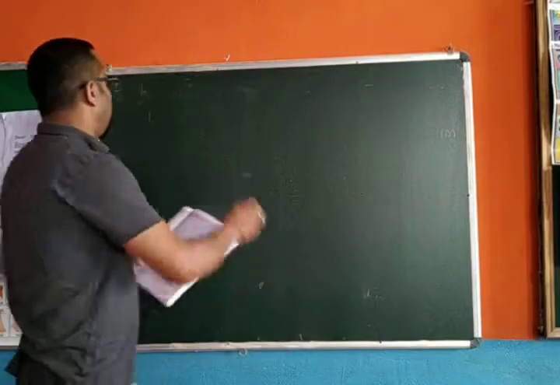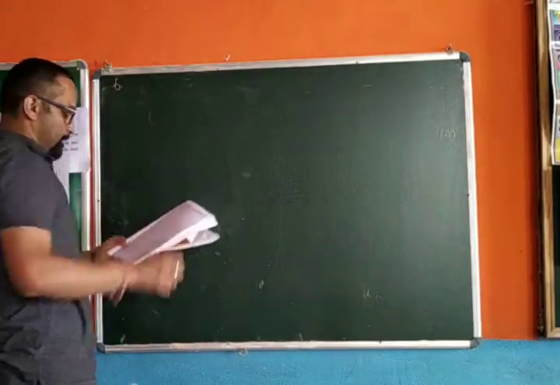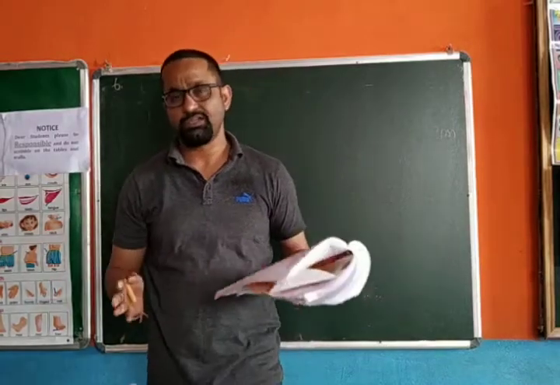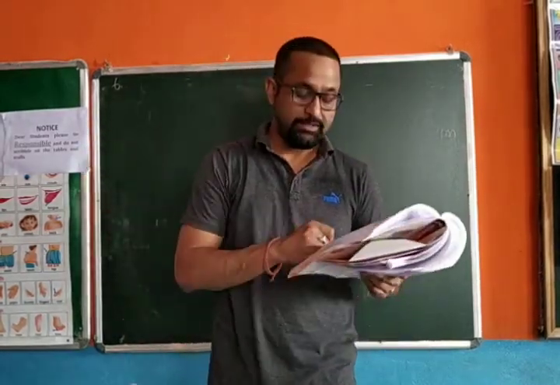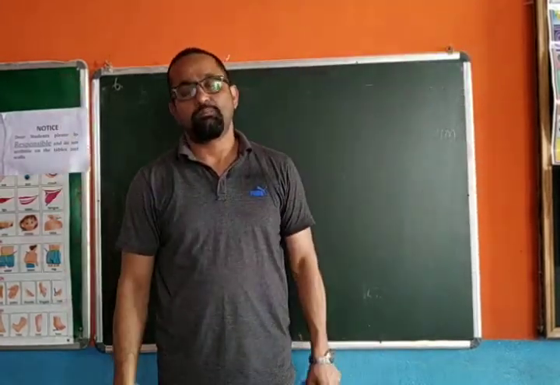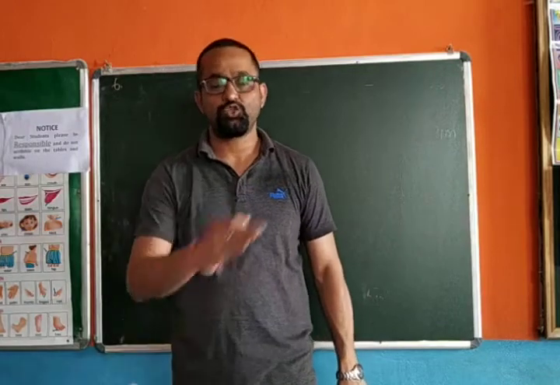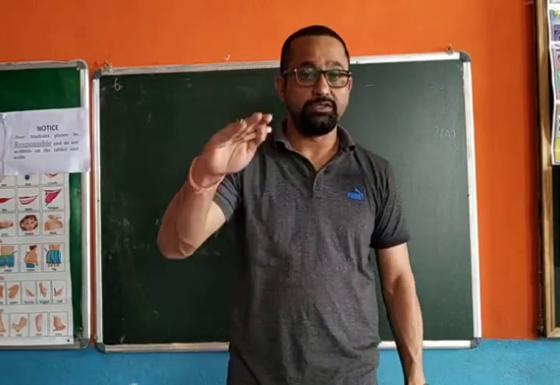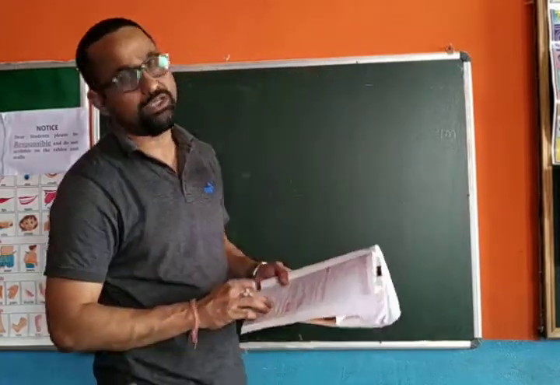Question number 6 is an important question. A roller. You must have seen a roller which is used to flatten the surface. Normally they use it to make the path, the road, which has to be leveled. It has diameter 0.7 meter.